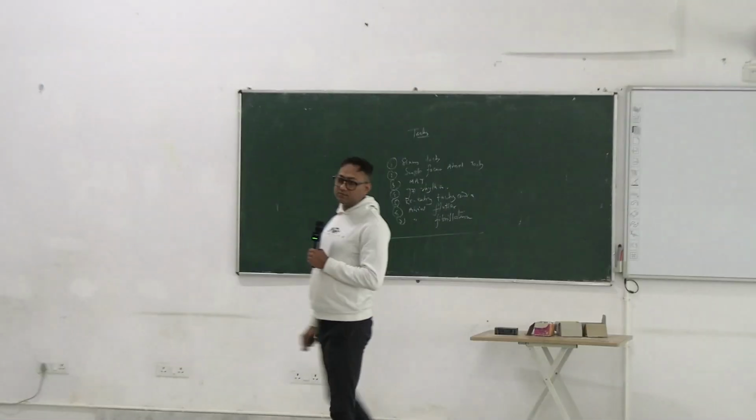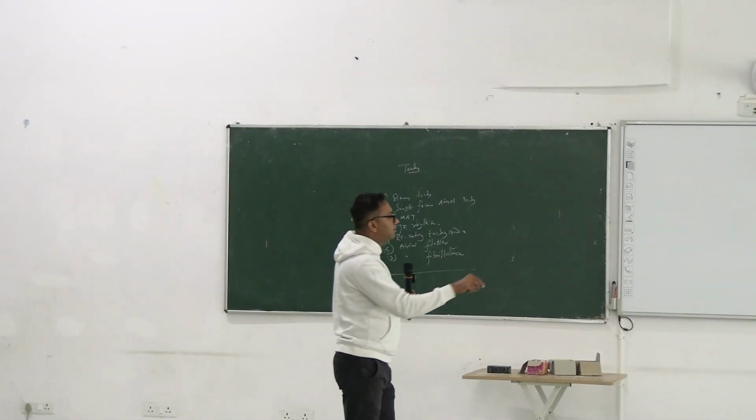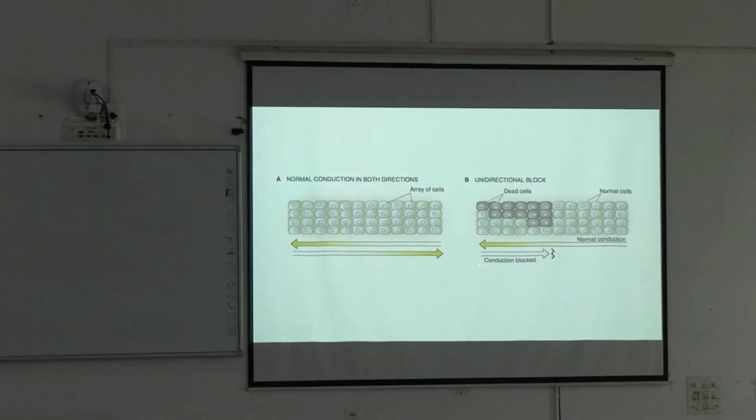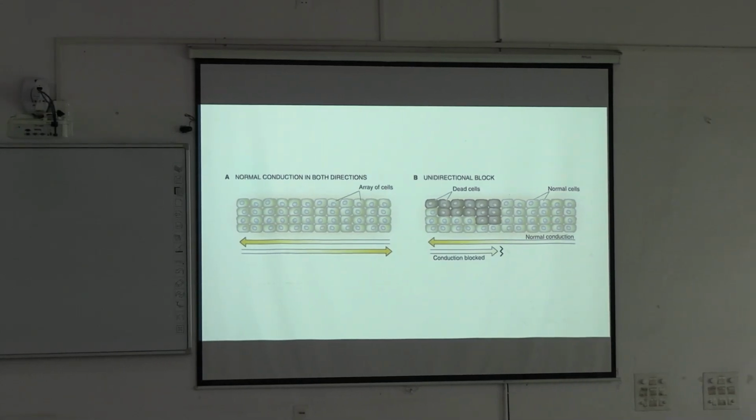Getting my point? So in this situation, action potential will travel from right to left, normal conduction, but conduction will be blocked from this side to this side. Clear? Either action potential will not travel or it will travel very slowly. You can consider a block there. Getting my point? Okay.